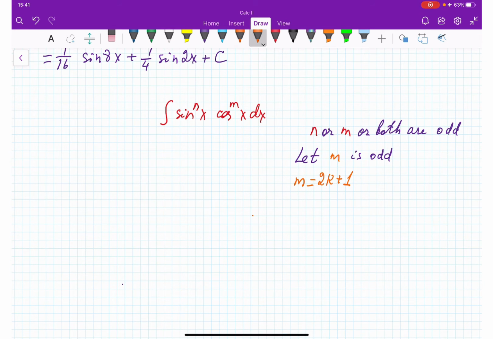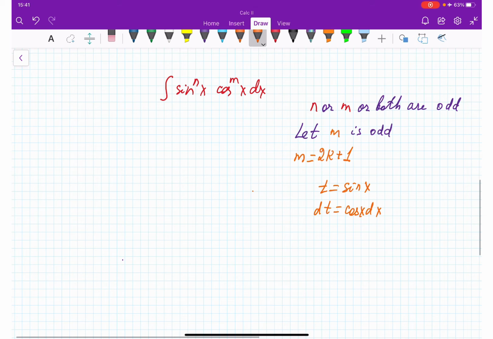And for integrals of this form, sine x to the power n, cosine x to the power m, we are going to substitute sine x with t. And from here, dt is going to be cosine x dx, yes? All right.